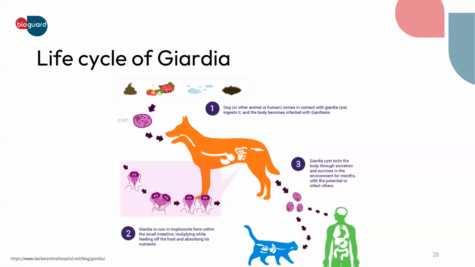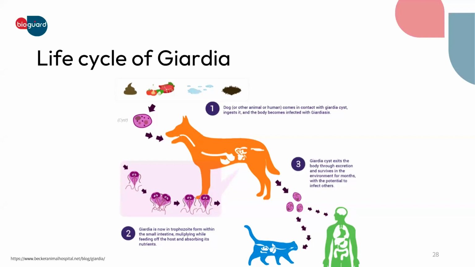And once this replication is happening, the Giardia eggs can form the cyst and then get shed from the body into the feces, where it can also affect other animals such as cats. You can say other pet animals are mostly the cats, as well as humans.